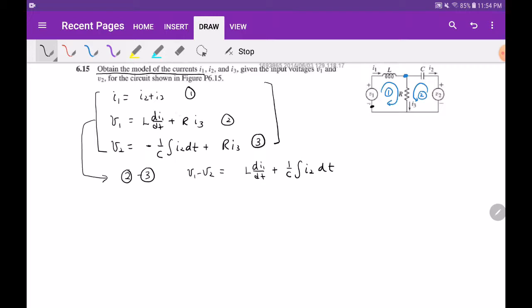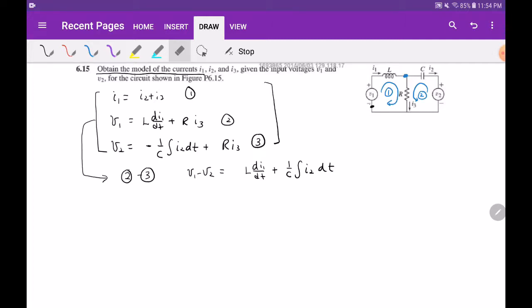I want to get rid of I3 from equations 1 and 2. So why don't I multiply equation 1 times R and subtract equation 2? Then I'll have R times I1. Oh, you know what? Let me not do elimination.